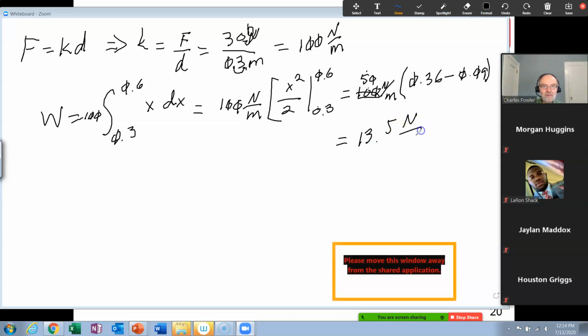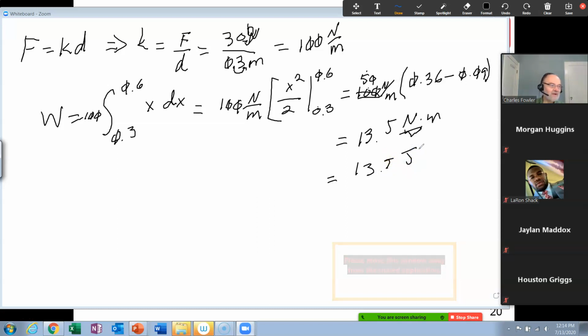Newton per, and you had meter squared here and meter here, so not per anything. Newton meter. And what is a Newton meter? If any of you have had physics yet, you know a Newton meter is a joule. That's an ugly 5 again. 13.5 joules, and that's exactly what the book got.